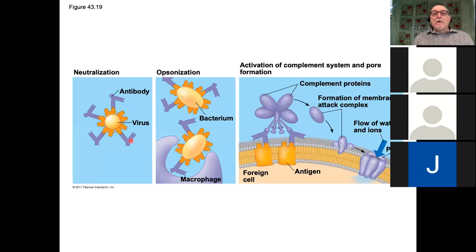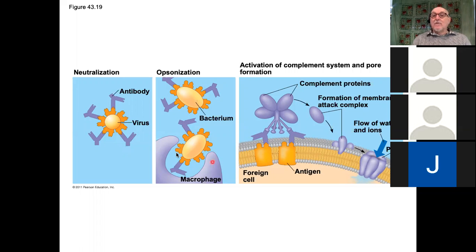This is a process which we call opsonization, and it's shown here as well for bacteria. And opsonization is the process whereby things can be labeled and made identifiable for ingestion by macrophages.